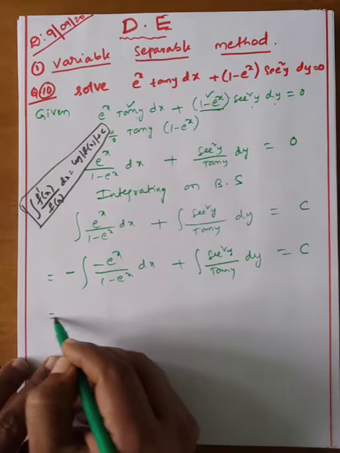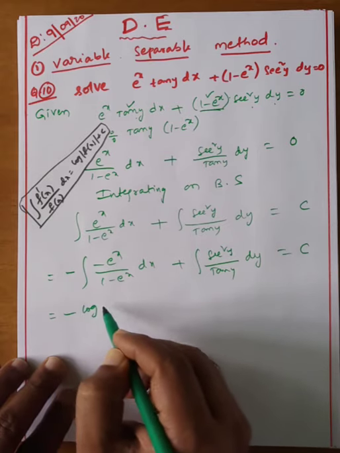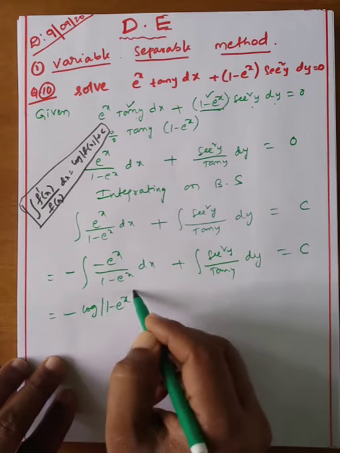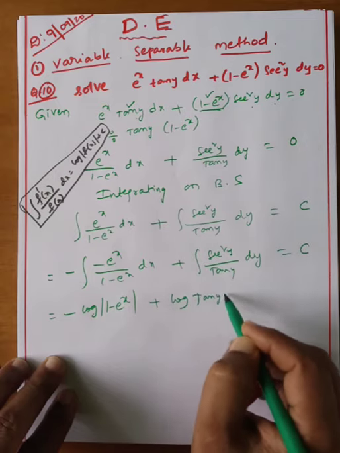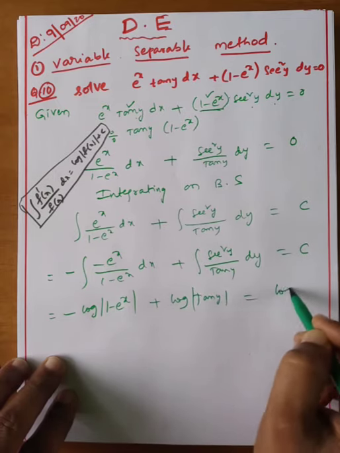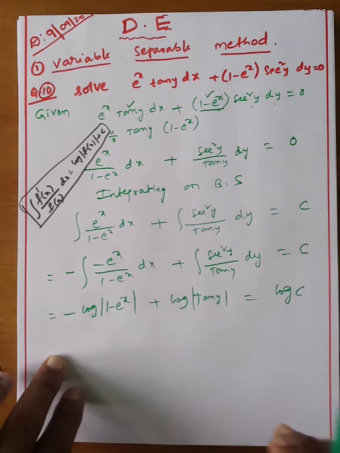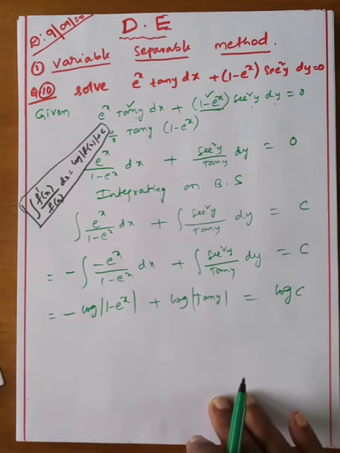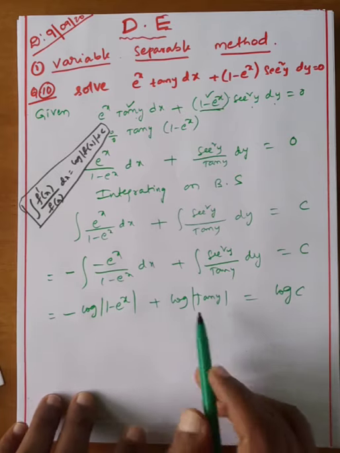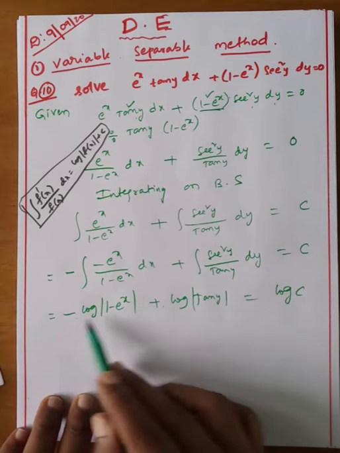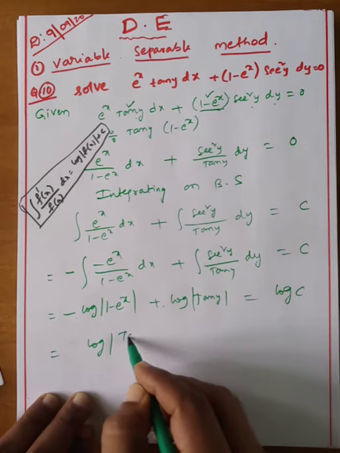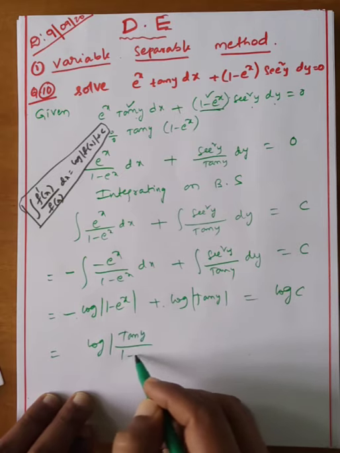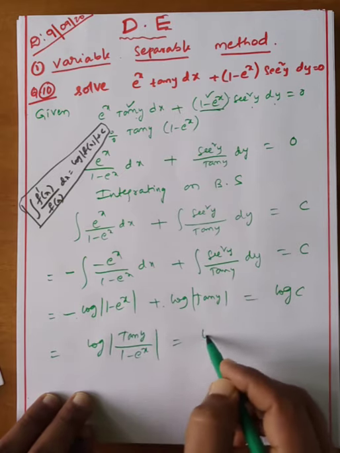Now minus logarithm of 1 minus e power x plus log tan y is equal to log c. When all are logs, you take the constant as log c. Now log a minus log b is log a by b, so logarithm of tan y by 1 minus e power x is equal to log c.